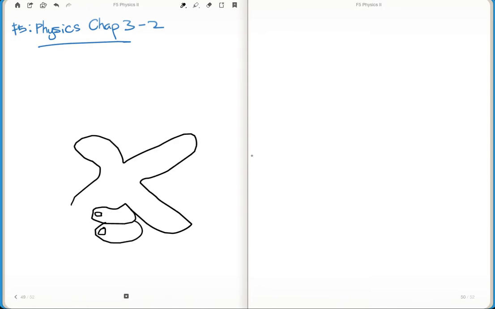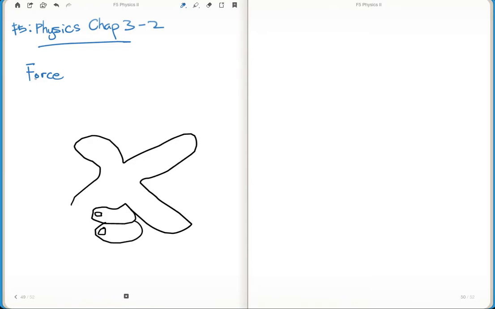Now, in this video, Chapter 3, Part 2, it will be on the direction of force. It's mainly on the force on the conductor.